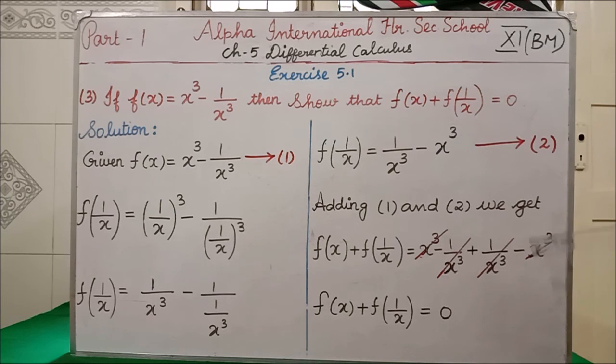So minus x cube and positive x cube will get cancelled. Similarly 1 divided by x cube is positive here, 1 divided by x cube is negative here. So this 2 will get cancelled, this 2 will get cancelled. So nothing is there, so we are getting 0. Hence proved, you have to write the last line. Clear, students? Hence proved, we have to write the last line.